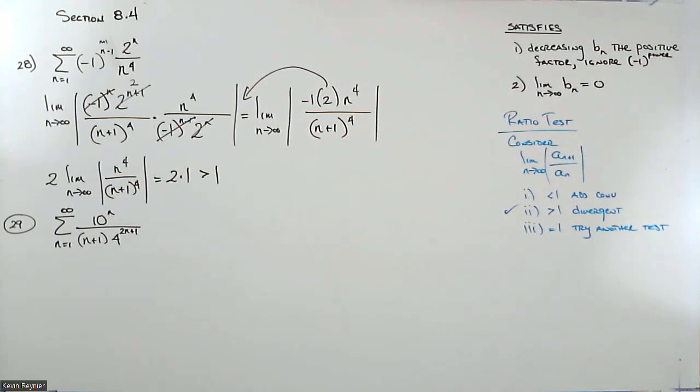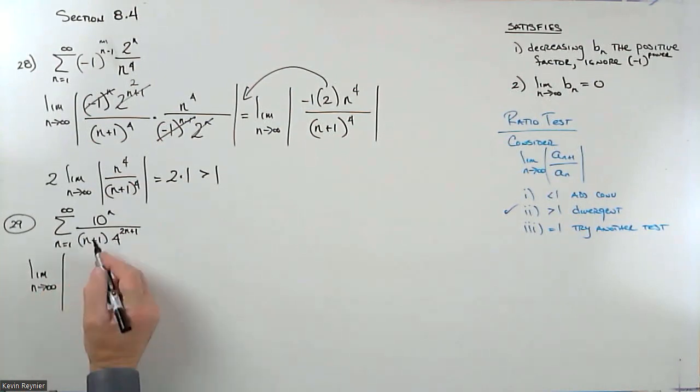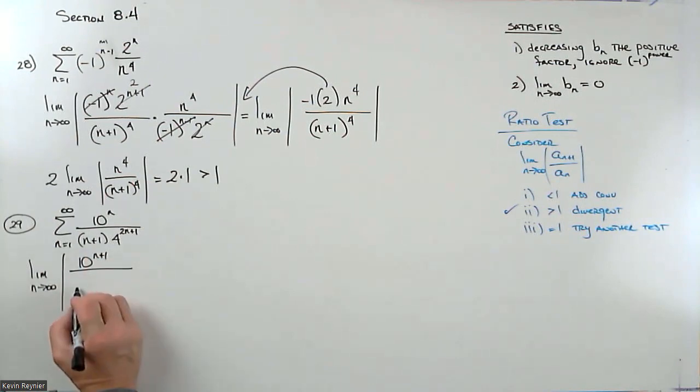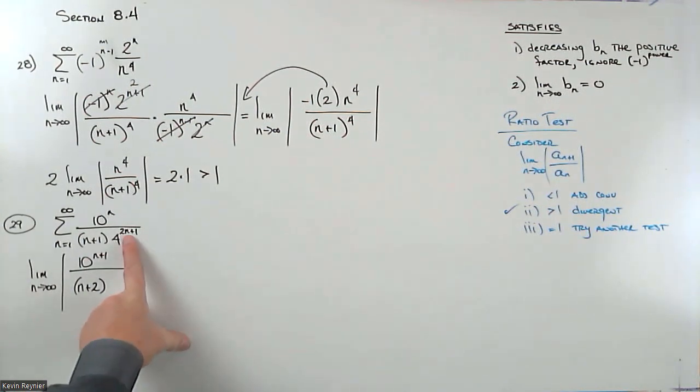All right. So we're just going to do the limit. We're going to turn all the n's into n plus 1s. So this is going to be the limit as n approaches infinity, the absolute value. That's going to be 10 to the n plus 1. This is going to be n plus 1 plus 1. That's going to be n plus 2, isn't it? And now we're going to have to put an n plus 1 in here.